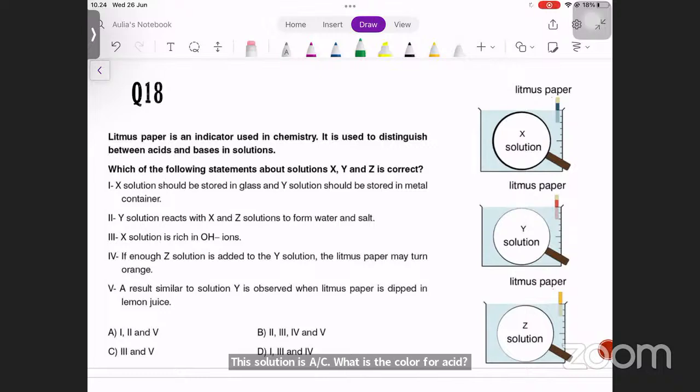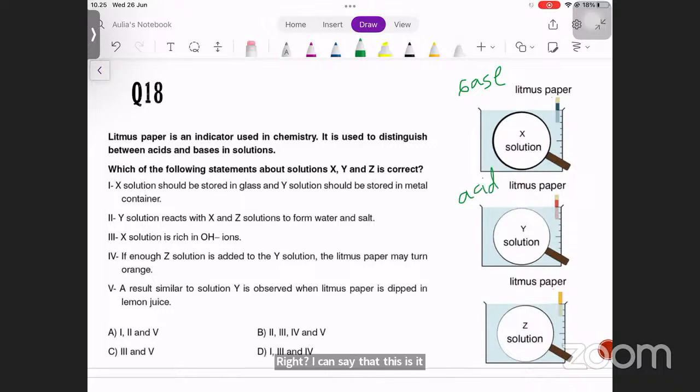Red, that's right. Base, it is blue. So we can say that X solution on the right side is a basic solution, isn't it? So let me write base here. And then solution Y, since the color of the litmus paper is red, I can say that it is acid.